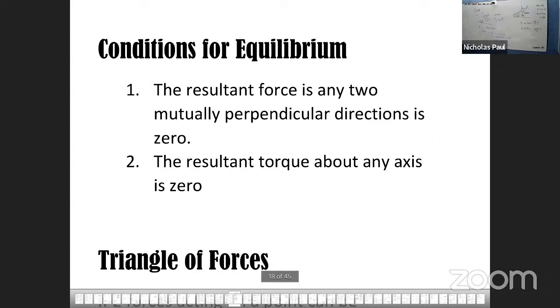All I mean by torque basically is the resultant moment about any axis is zero. All right? So we're going to take a quick look at applying the principle of moments. Sum of anti-clockwise moments is equal to the sum of clockwise moments, right?